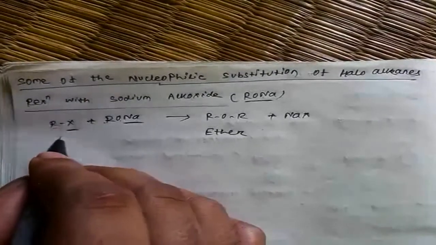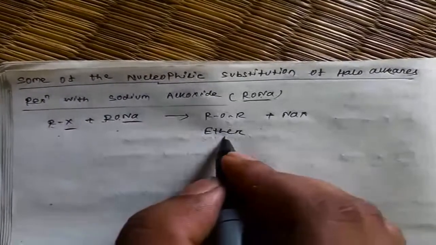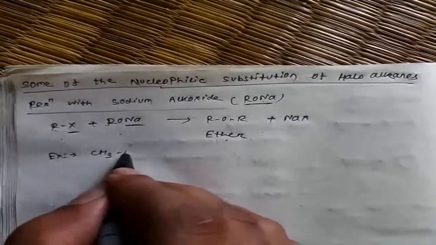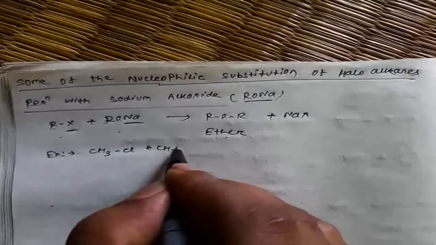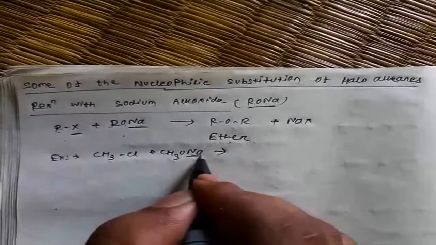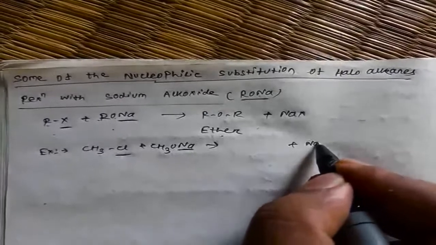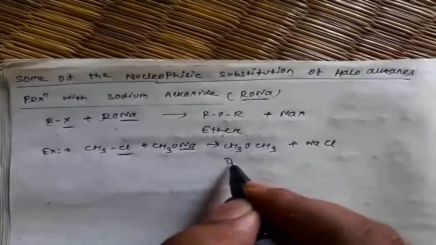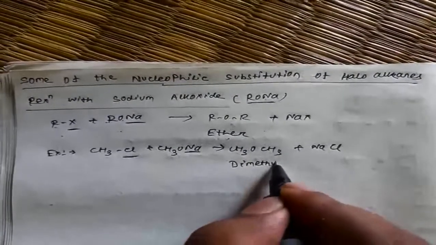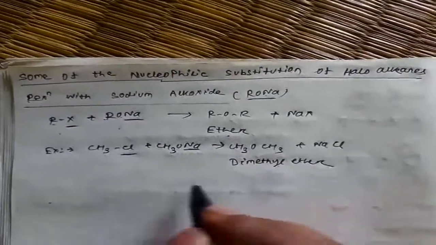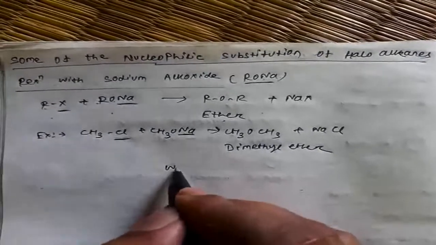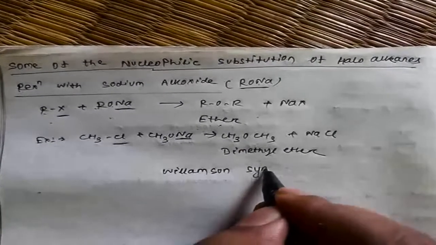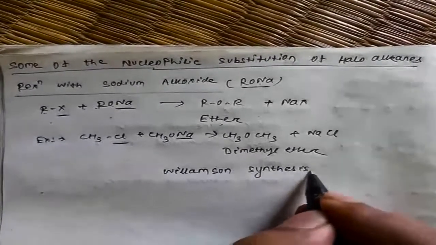Alkyl halide reacts with sodium alkoxide to give ether. Example is CH3Cl plus CH3ONa, Na positive, Cl negative, that is NaCl, remaining is CH3OCH3, that is dimethyl ether. This reaction is called Williamson synthesis. A particular name reaction, that is Williamson synthesis.